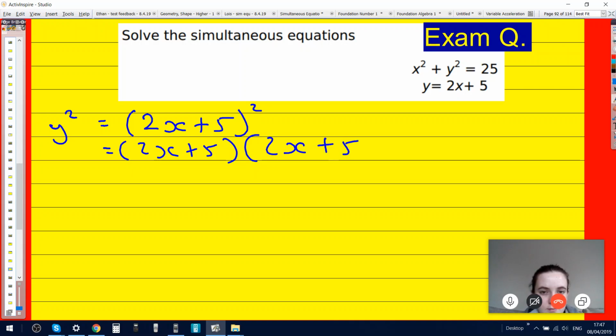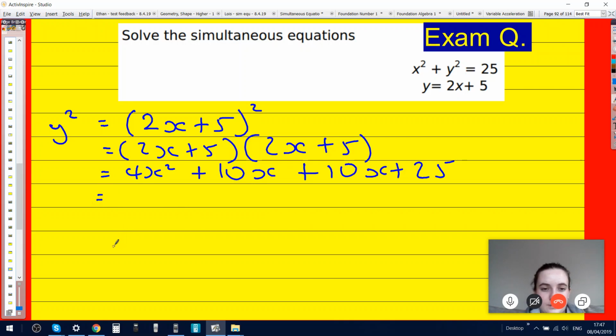What do you get? 4x squared plus 25 plus 10x plus 10x, which is 4x squared plus 20x plus 25.